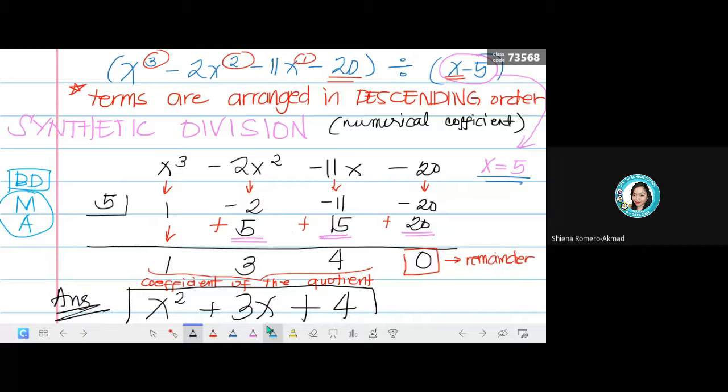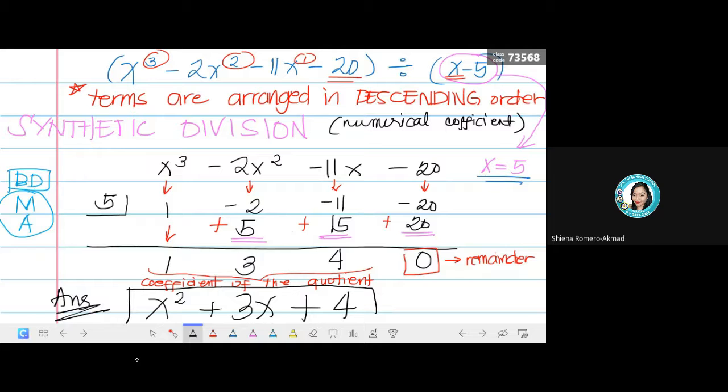Same lang po, medyo matatagalan lang po. Opo, pareho lang talaga sila ng process. Yun nga lang, pag tinignan niyo yung itsura, mukhang mas simple pag synthetic, kasi you don't have to deal with the variable. Okay? So, meron nagsabi sa inyo, long method po. May nagsabi naman mas madali daw yung short method.